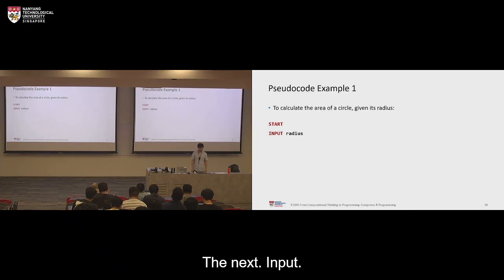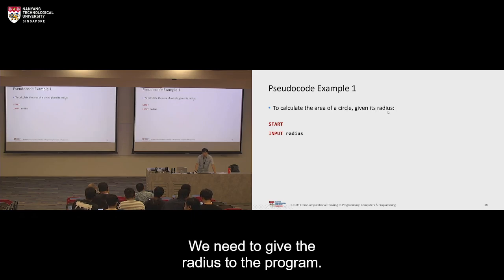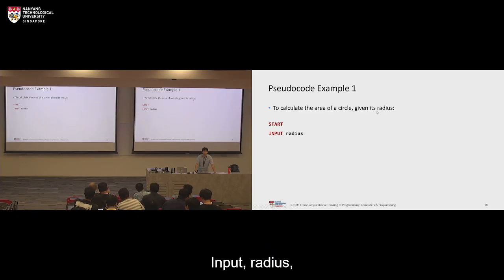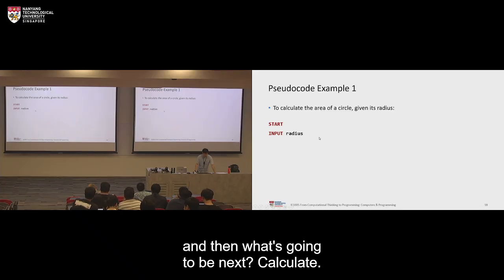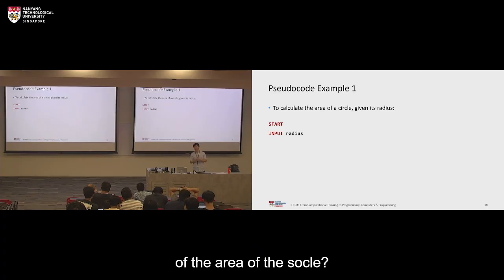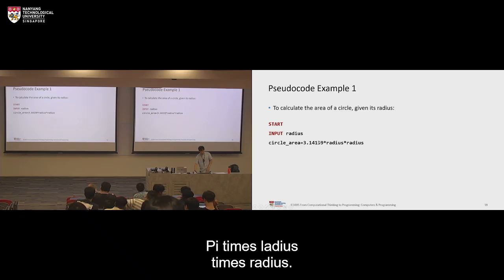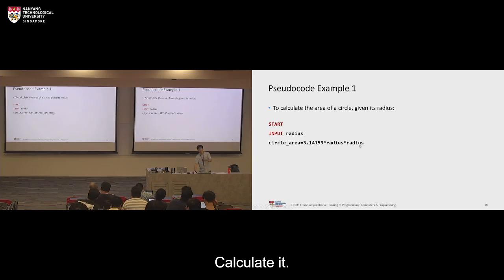Then next, input radius. Now we want to calculate the area of the circle given its radius, so we need to give the radius to the program. So input radius, and then what's going to be next? Calculate area. Do you remember the formula for the area of a circle? Circle area equals pi times radius squared. Calculate it.